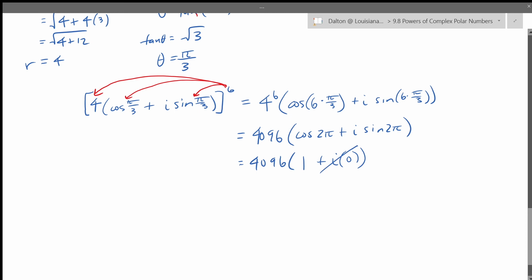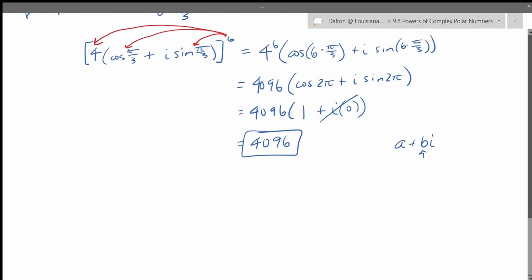So this value cancels, it's 0, and then your final answer is 4,096. So even though this technically is in the form a plus bi, this just means that b is 0 because we can't see it. So we only have a real component to this one.